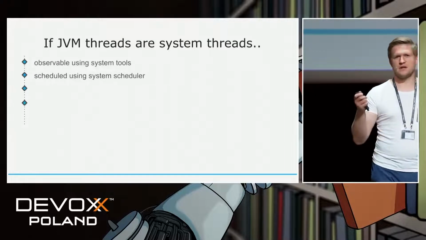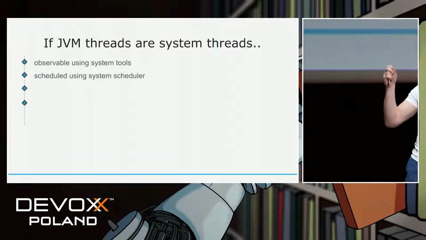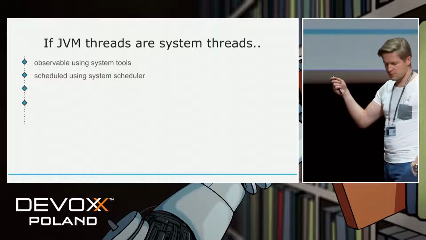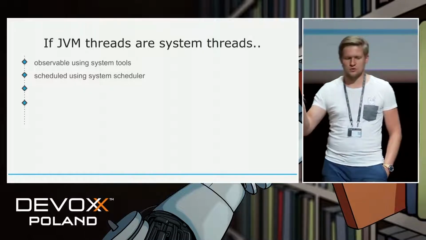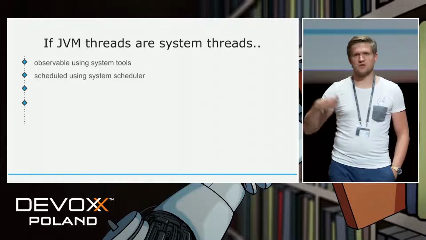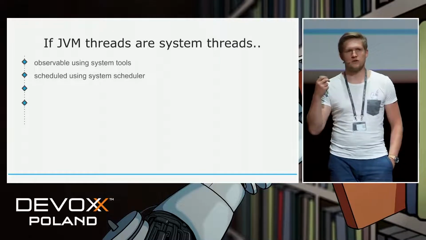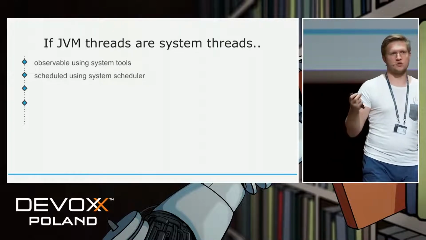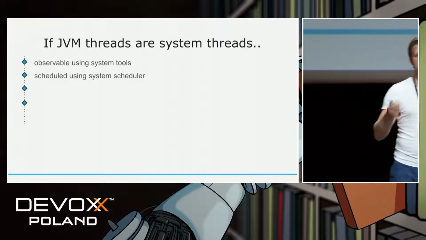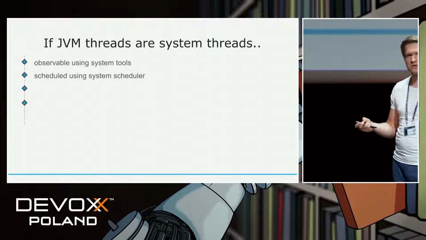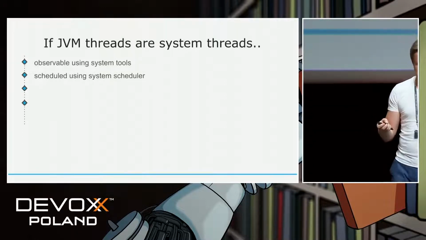So what does it mean for us? As you could see, I could see Java threads using the system tools. If I can observe them using system tools, it means that I gain a lot of new tools and ways to observe my Java application. Not only Java-specific things, but also system tools, and there are a lot of them.